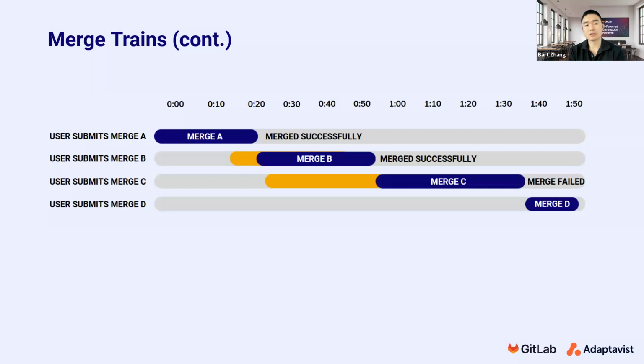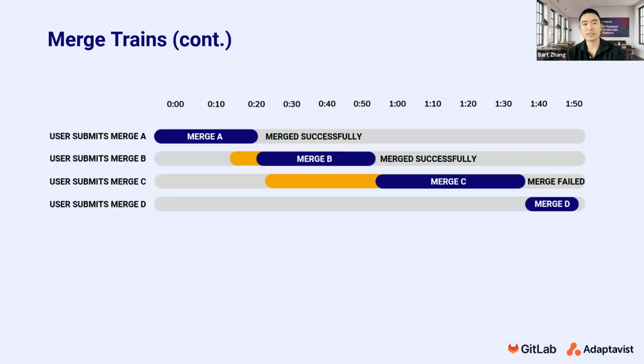Well, if there's another developer that's initiating a merge request off of the old working copy while merge A is running, they're going to have to restart that pipeline with the latest working copy of the changes now that the base branch or the main branch of the project is no longer what it used to be. And same goes for any subsequent merges that happened after that original merge.